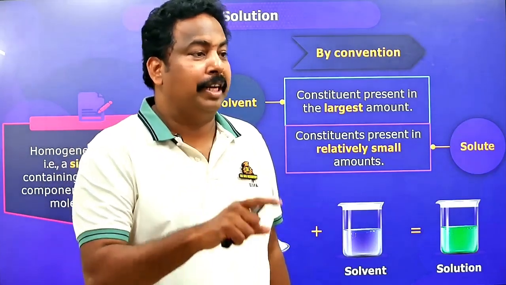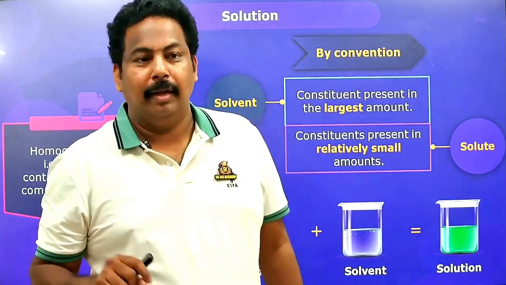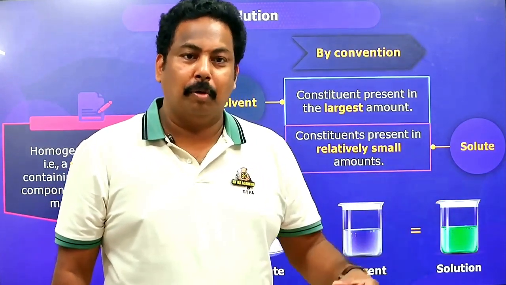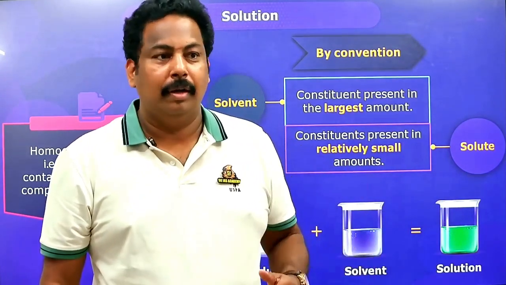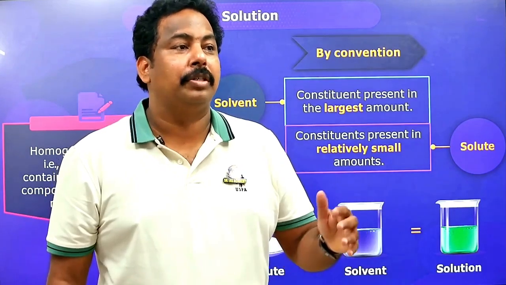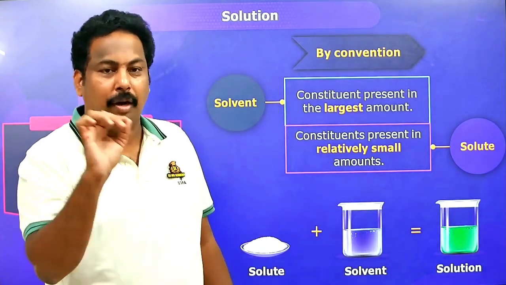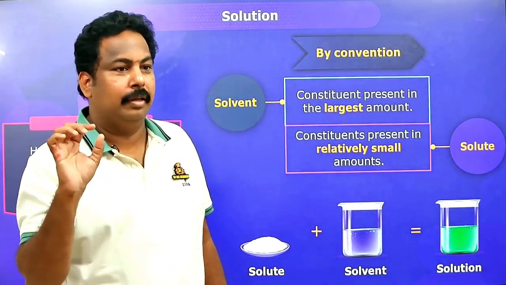Yesterday I was also able to explain one of the factors. Even if you become a district collector, if a pollution control board report comes to you, you cannot understand it. But I explained one factor very clearly, which is solvent and which is solute.